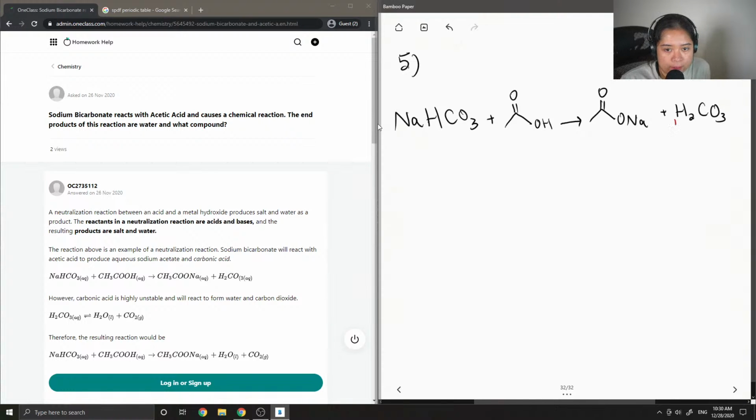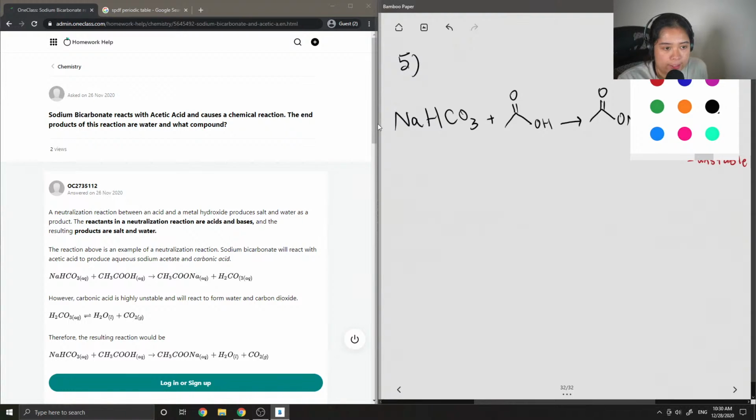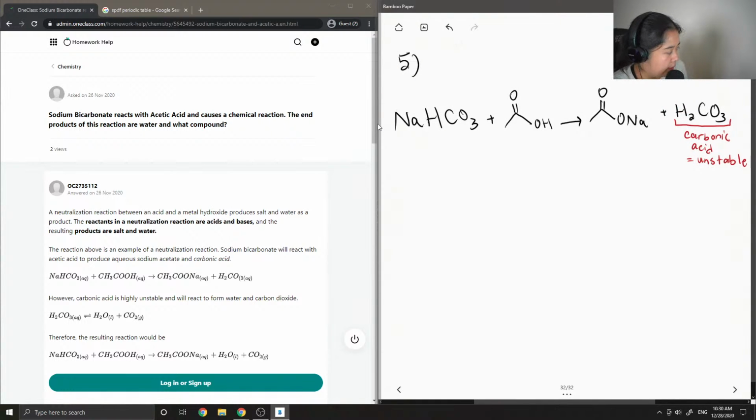But the carbonic acid is considered unstable, so it will actually break down further into water and carbon dioxide. So let me write it down.